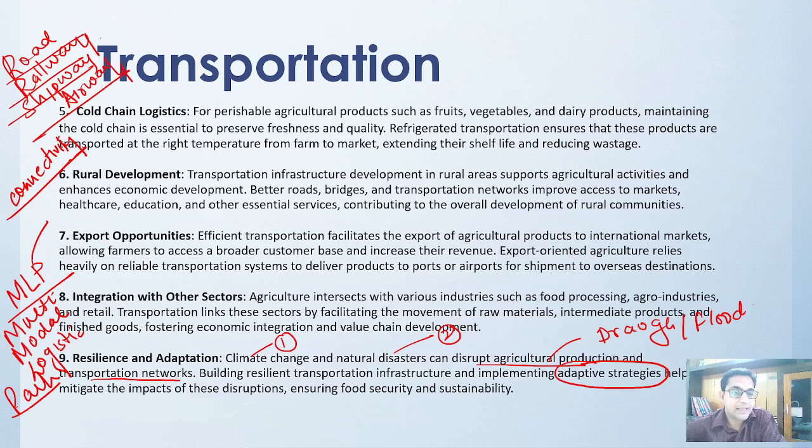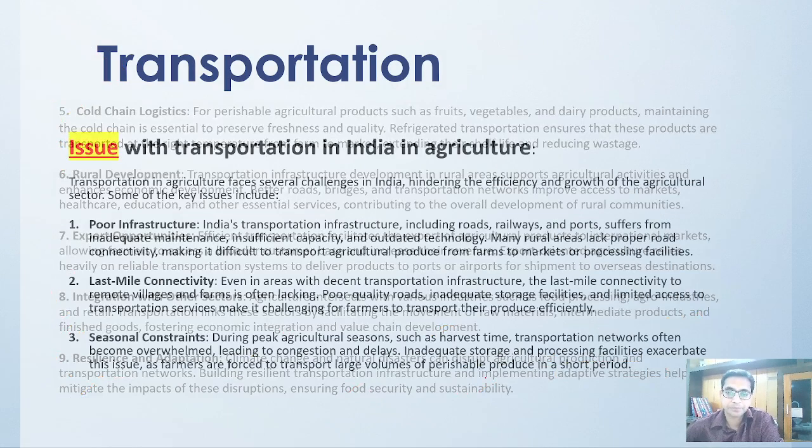They help in mitigating the impact, because if any area of our country is prone to any kind of disaster or disruption, we will be able to supply that area with the help of various kinds of transport. So it ensures food security and sustainability.